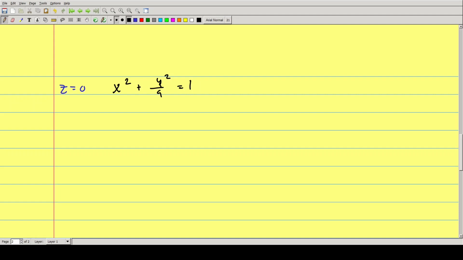The fact that there's something in the denominator is what makes it an ellipse as opposed to a circle. So the real form of this equation, if we're thinking about it as an ellipse, would be this. And the values that are squared in the denominator represent the lengths of the semi-minor and semi-major axes for the ellipse.